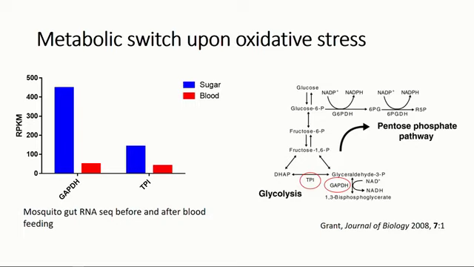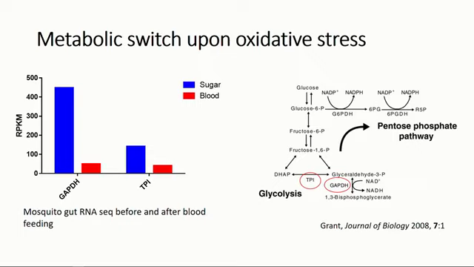And also the TPI, which is a metabolic shunt pathway that will create different substrates within glycolysis that will allow more substrates to flow through glycolysis without backing up the system and pushing it into the pentose phosphate pathway. We see that these enzymes are decreased after blood feeding, which supports the idea that the pentose phosphate pathway is being increased.